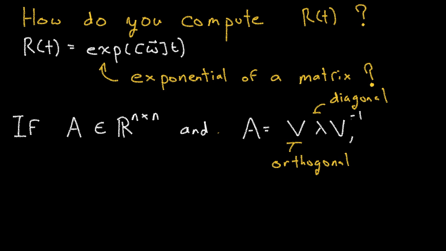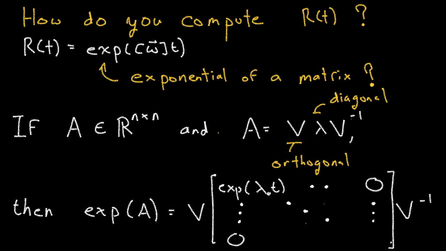Then the matrix exponential of A can be computed in the following way, where we exponentiate all of the eigenvalues and then sandwich them between the eigenvector matrix and its inverse. And this should immediately worry you. If n is really big, this is a really expensive operation.